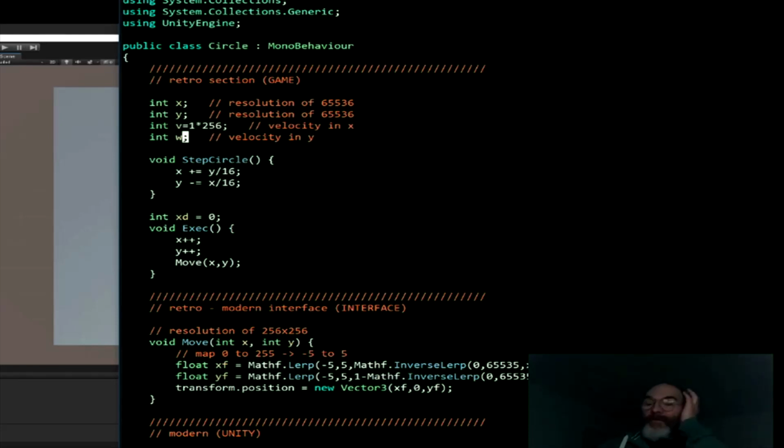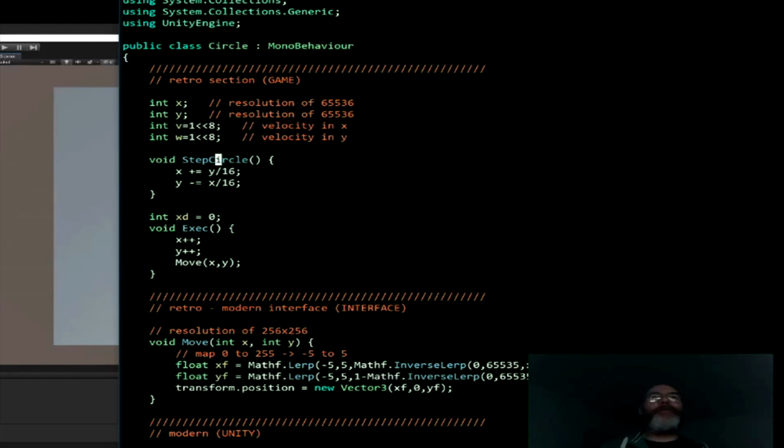I'll just initialize it here for now. And the velocity in X is going to be 1 times 256, if I wanted to move at 1 pixel per frame, and then this 256, so that V and W are now at that velocity, 256 times bigger than before.